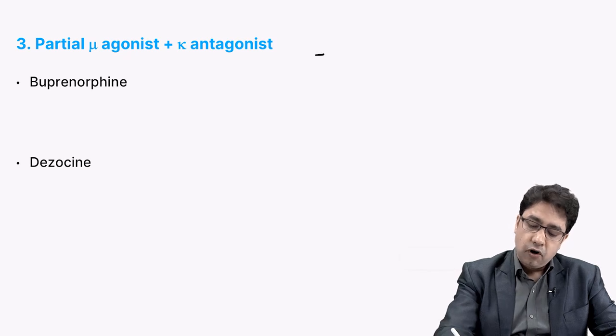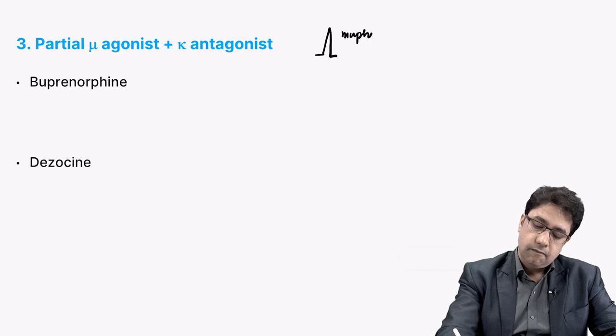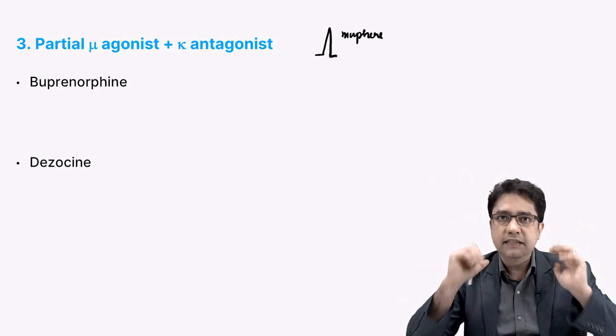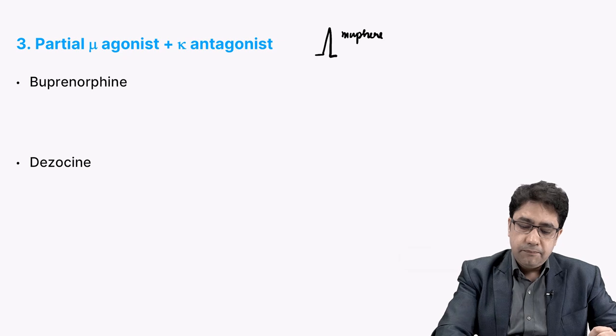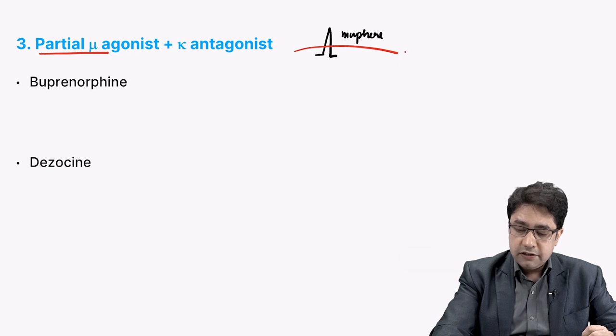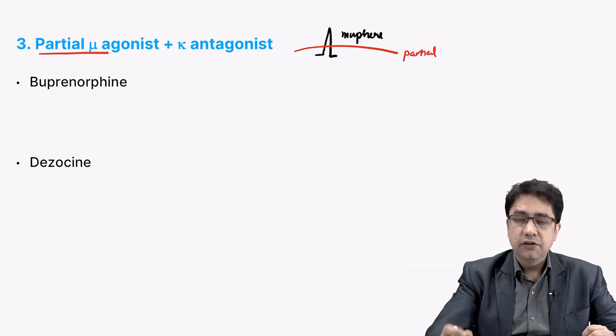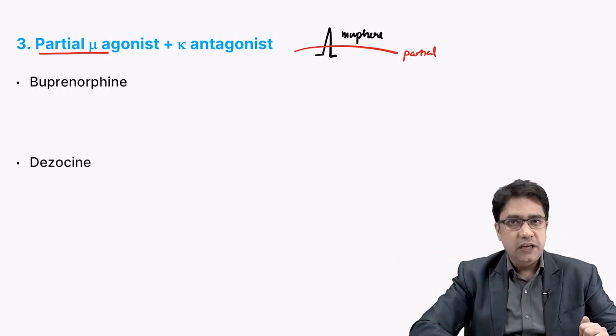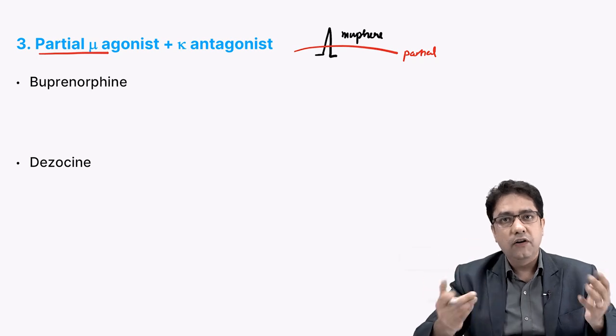Then we have a drug that is a partial mu agonist and kappa antagonist. Remember, if morphine is a full agonist, don't you think morphine will lead to an intense response, intense addiction? So if I give a partial mu agonist, can we say it will produce less response? Less response means the patient will not go into pleasure, and the patient will not go into withdrawal also.